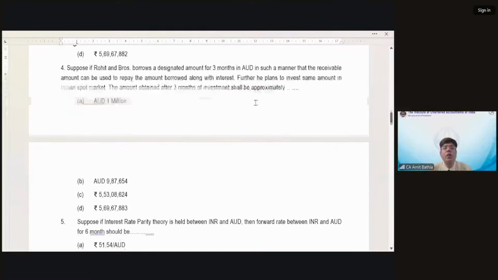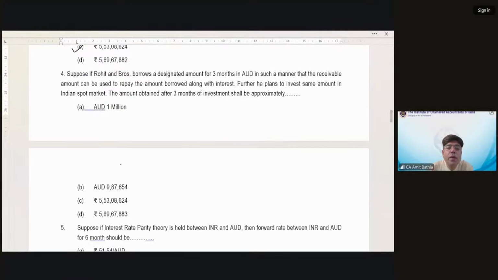So I'm essentially going to calculate over here. It will be 55,308,624 into 1 plus 12% upon 4, which is nothing but 3%.